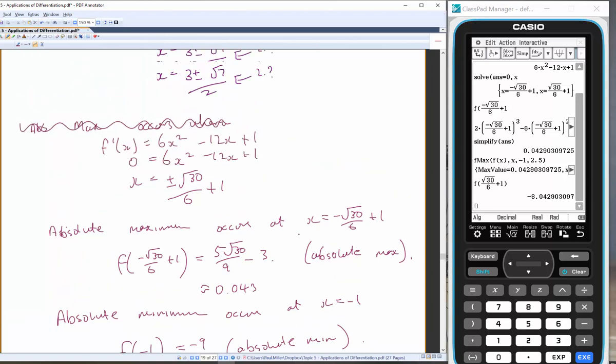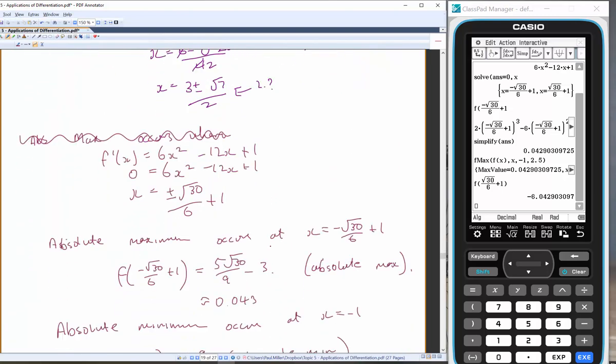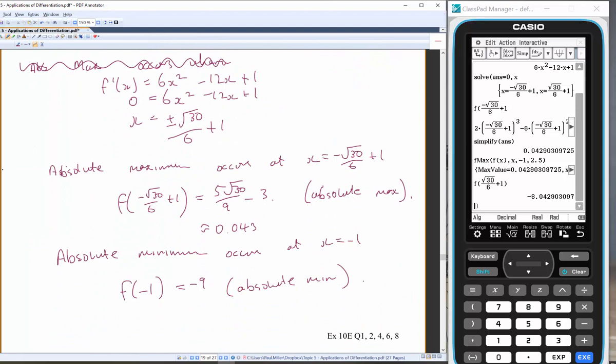Not easy, and especially if you're going by hand, that's a fair bit of work there to go through. So good practice to just go through the steps there rather than use Fmax and Fmin to spit out the values. Let's just make sure that it was -9, so I'm just going to change that to min. Yep, -9 was indeed the correct answer.